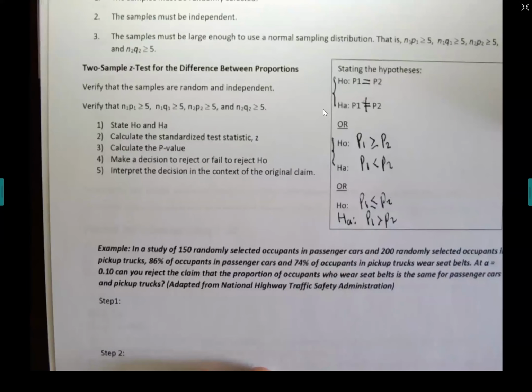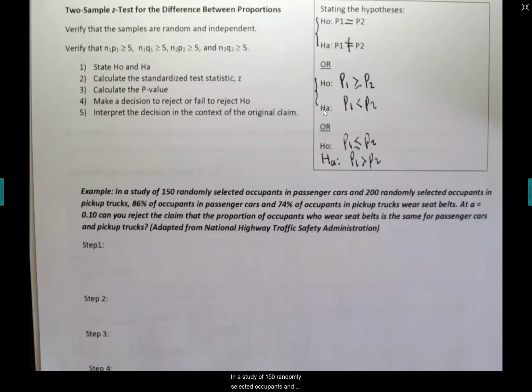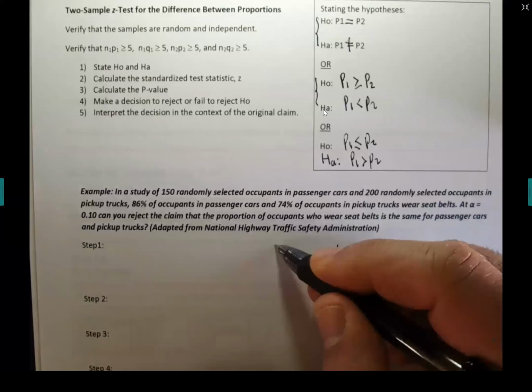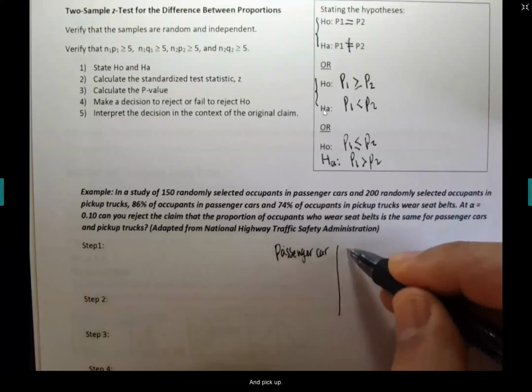There's an exercise. In a study of 150 randomly selected occupants in passenger cars and 200 randomly selected occupants in pickup trucks. So we have two populations, guys: passenger cars and pickup trucks.